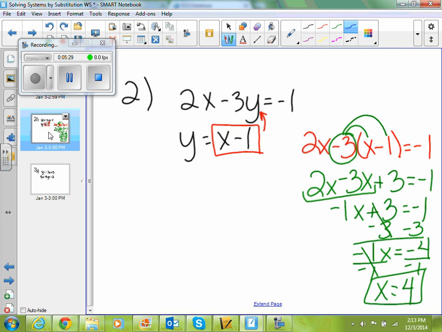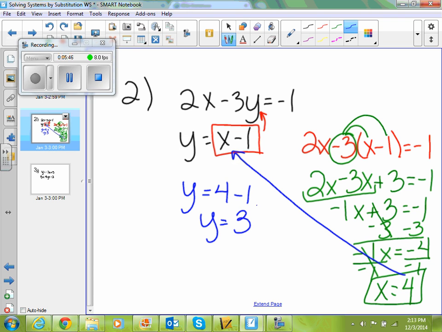Now, Kyan, where am I going to plug this 4 back into? Into x. Very good. I'm going to plug this 4 back into x. If I do that, I end up with y equals 4 minus 1. And Kyan, then what does my y equal? 3. So y equals 3.